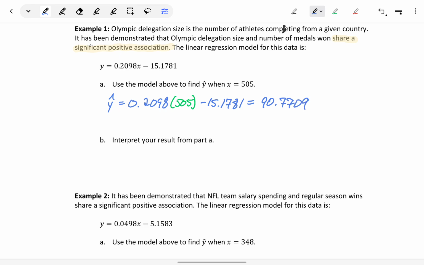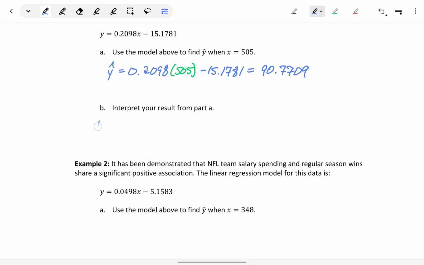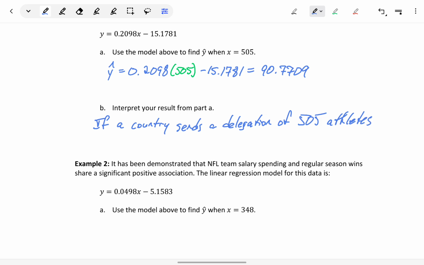Then in part B, we want to interpret what that result means. This tells us that if a country sends a delegation of 505 athletes, we would expect them to win 91 medals.